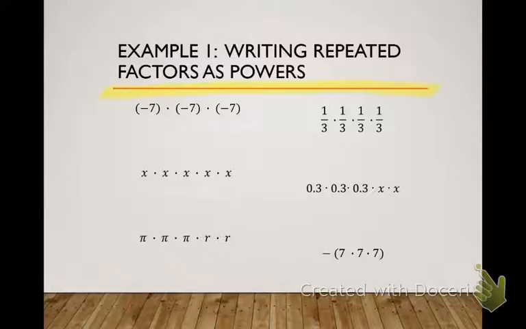You may right off the bat be able to look at these and know generally what we are about to do. Okay, but it's important that we talk about each one. Obviously, we have fractions, we have decimals, we have variables, we have mathematical symbols like pi. We have negatives that we need to look at. So we're going to try to touch on all of the different types of problems that you might see.